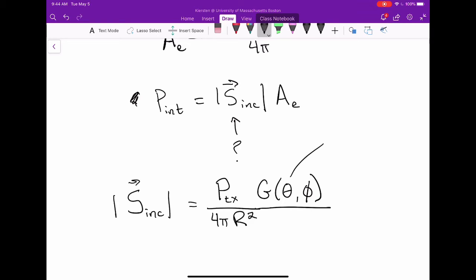Now these angles refer to, I'm going to give them a theta t and a phi t. So that is the direction toward the receiver antenna from the transmitter's point of view.